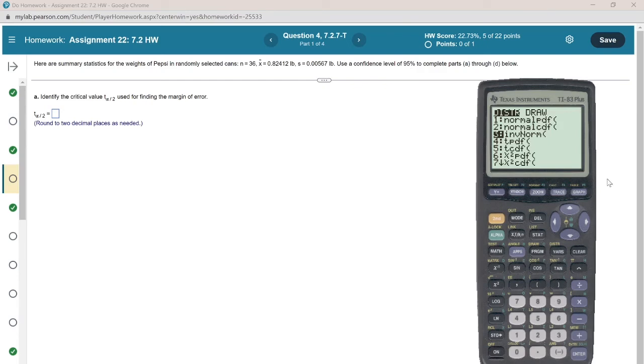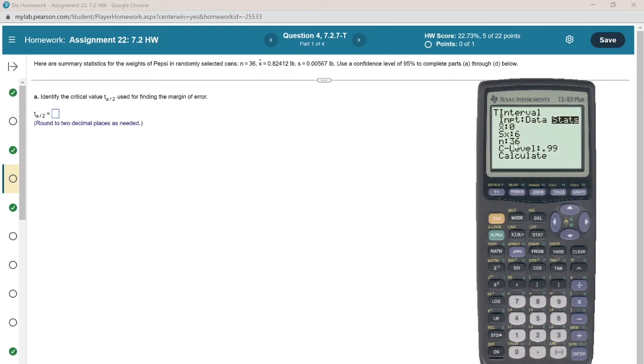But unfortunately I don't have that key available here, so I'm going to use stat, tests, and number 8, which is TInterval. In this interval, to find the t-score, we always have to use mean 0, and the standard deviation is the square root of whatever n you have been given. In this case it's 36, so the square root of 36 is 6, and then the value of n.